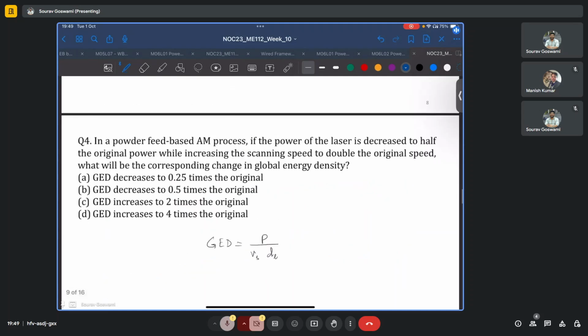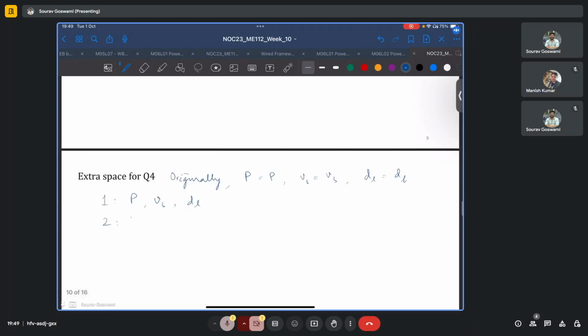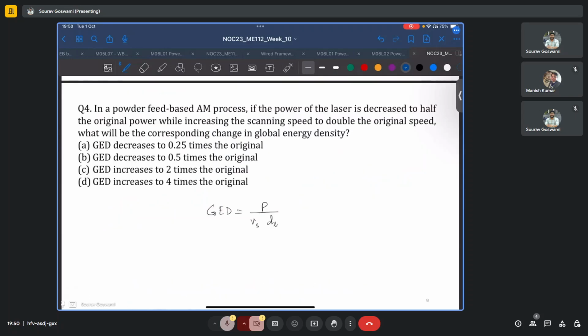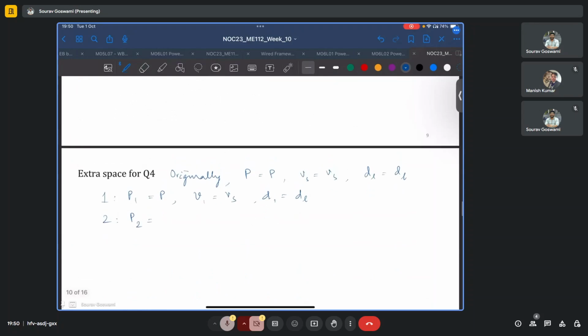In the second case, the power of the laser is decreased to half. Just for the sake of clarity, I'll write them with subscripts so that while putting them in the expression, we can do it easily. So P1 is equal to P, V1 is equal to Vs, and D1 is equal to the original dl. P2 is equal to half the original power.